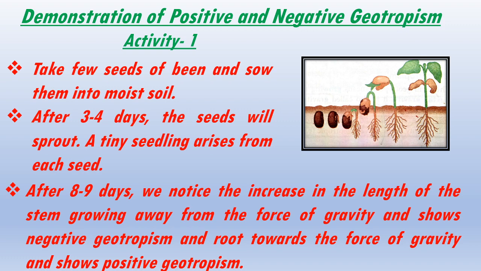Water these seedlings regularly. After 8 to 9 days, we will notice an increase in the length of the stem growing away from the force of gravity, showing negative geotropism, and the root grows towards the force of gravity and shows positive geotropism.